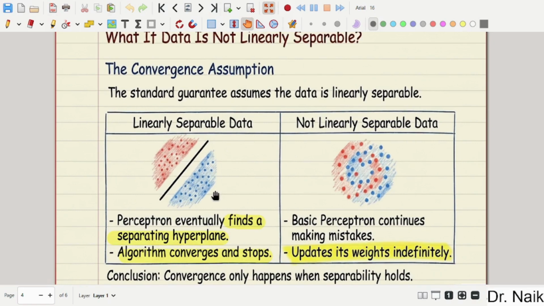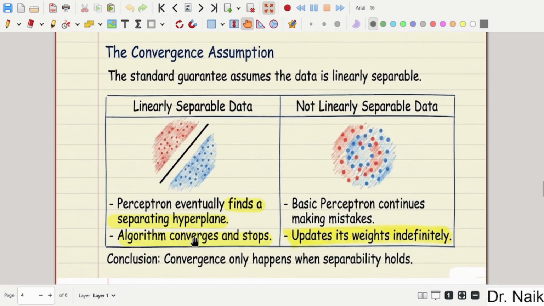In linearly separable data, the perceptron eventually finds a separating hyperplane, but in non-linearly separable data, the basic perceptron continues making mistakes and updates its weights indefinitely. In linearly separable data, the algorithm converges and stops. So the conclusion is that convergence only happens when separability holds.